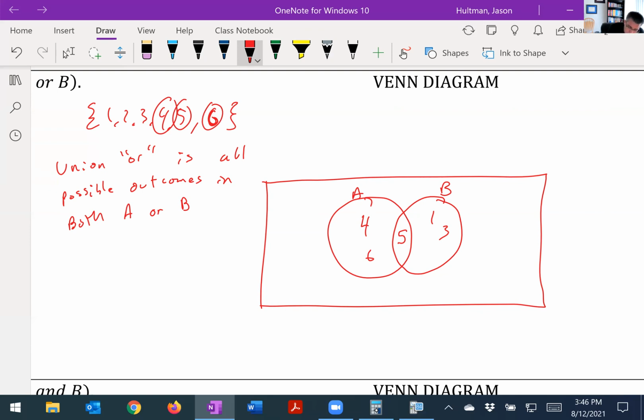But we also could have 1, 3, and 5 as outcomes. So what are all the possible numbers here? Well, it's 1, 3, 4, 5, and 6.